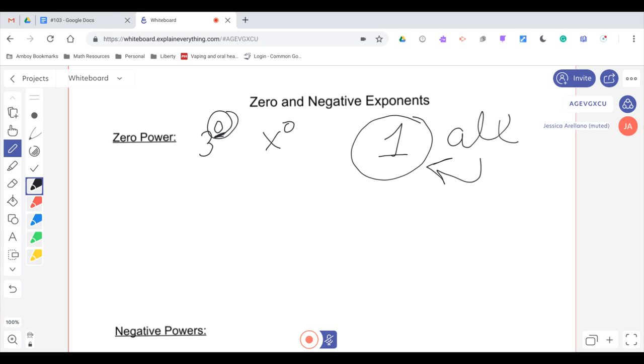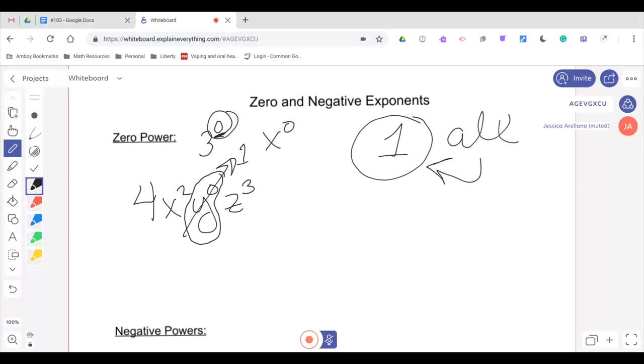Now there is one stipulation with this that is going to be very important. Let's say this was your problem to simplify. The 0 exponent in this case is only on the y. So this is the only thing that's going to become a 1. Everything else will stay.